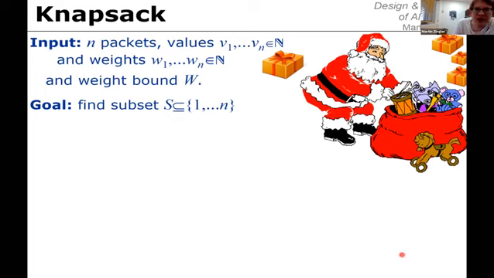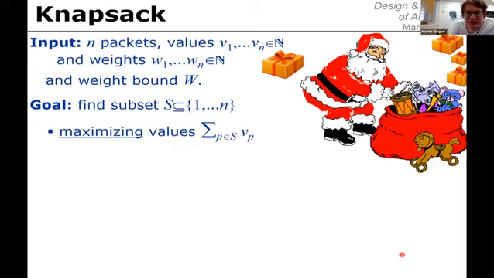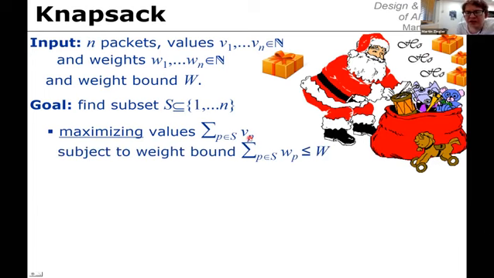And formally, the question is, does there exist a subset of 1 to n, that's the indices of the packets, which maximizes the total value, the sum of all packets that are present in our knapsack, add up their values, subject to the weight bound, namely the total weight of the packets must be less or equal to W, otherwise the knapsack breaks.